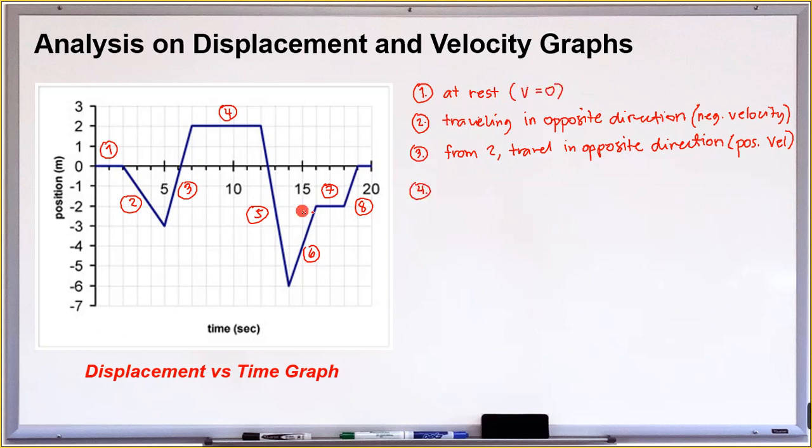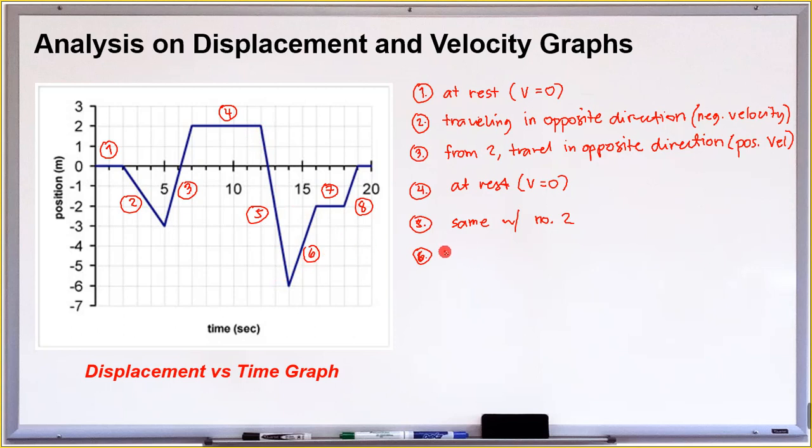Continue with number 4. Here it has stopped again because the position is constant. The line is horizontal, so it is at rest, and the velocity is equal to 0. For number 5, same with number 2, but of course with greater magnitude because its slope is steeper.